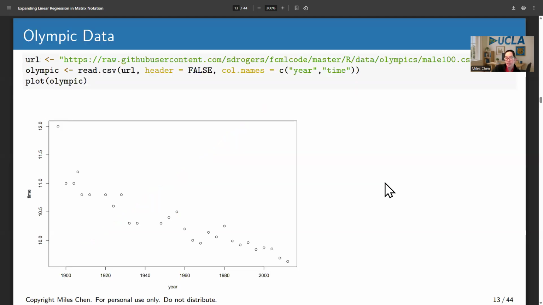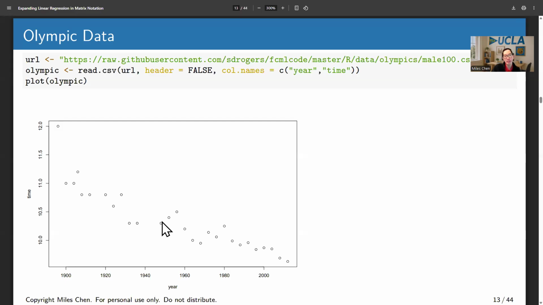We could try just something a little bit bigger. And so, we saw this on Wednesday also, and we have our Olympic 100-meter dash gold medal winning race times.